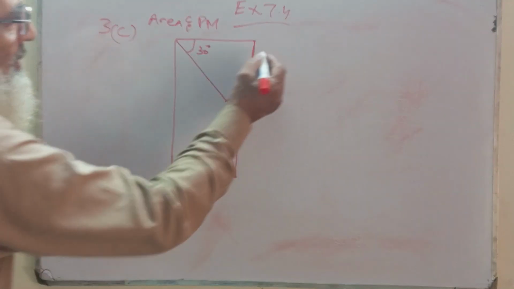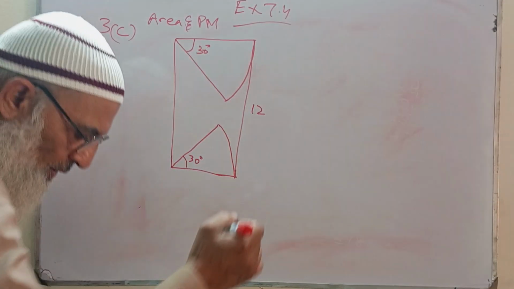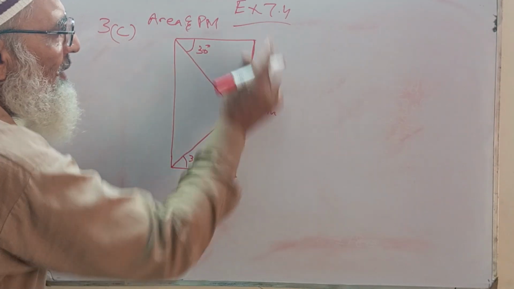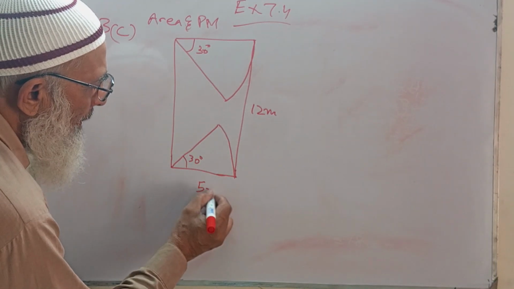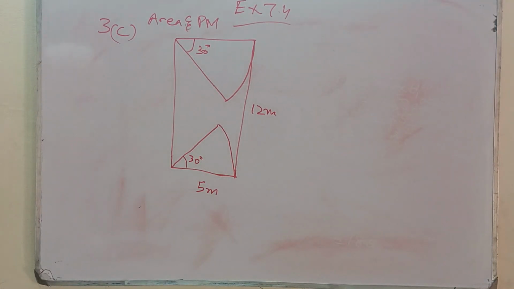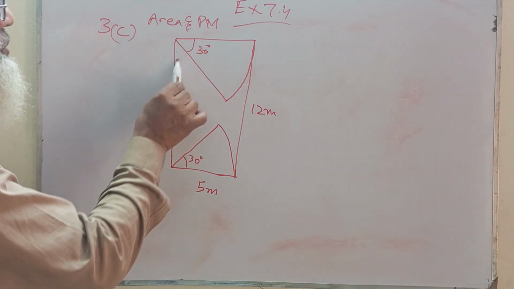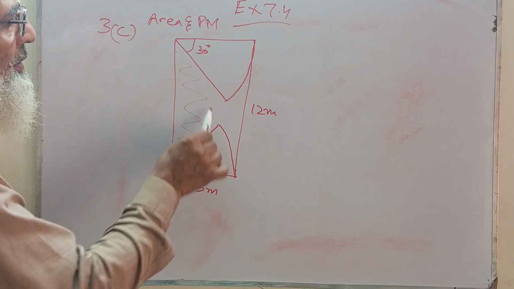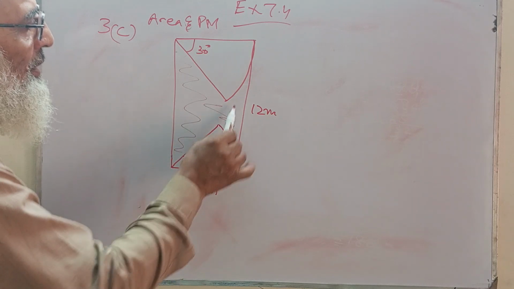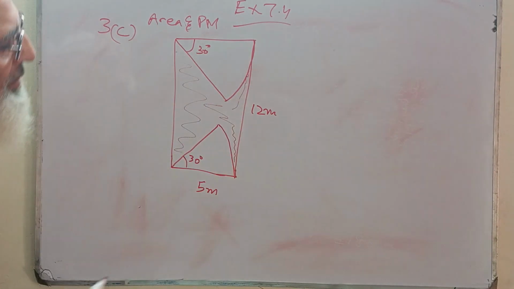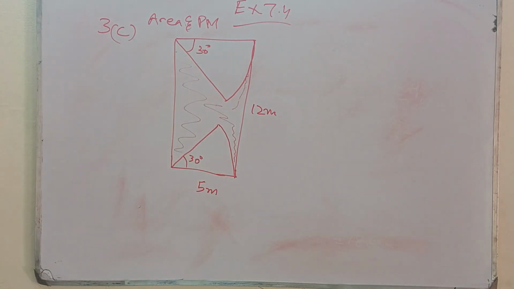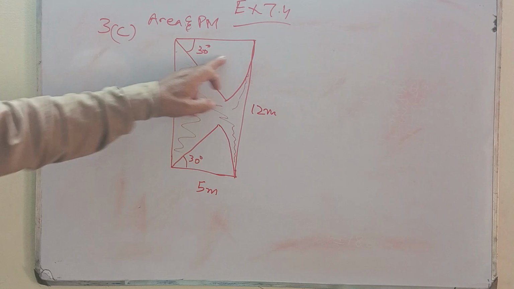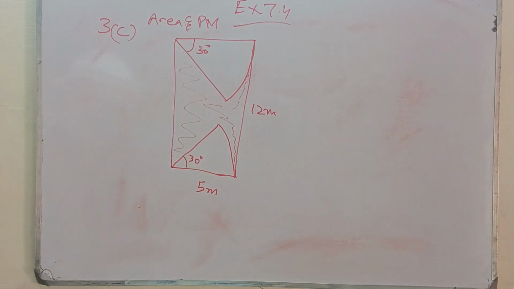This side is 12 meters and this side is 5 meters. We have to find the area and perimeter of this portion only, except these two sectors.